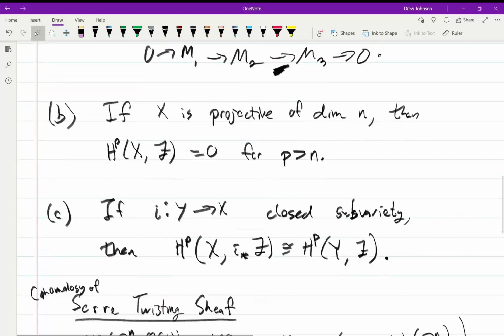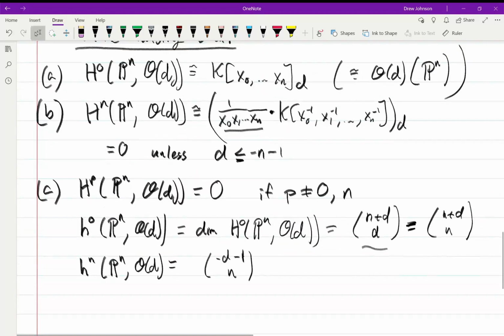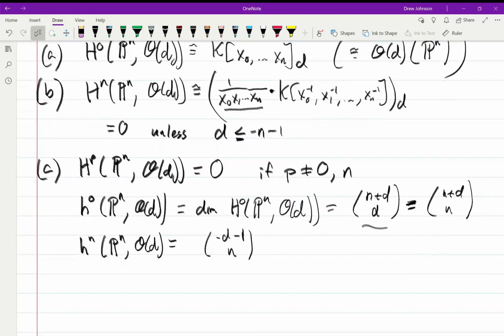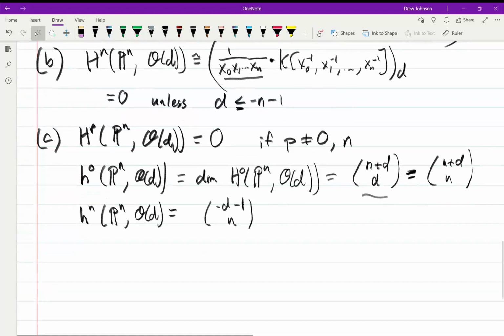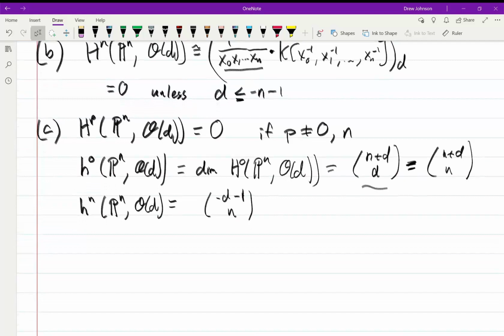Okay, so now we've talked a little bit about how cohomology helps us compute global sections and measure this failure of surjectivity. Another very important use for cohomology is in the classification of varieties. These can give us some invariants, some numbers that we can compare to see whether two varieties are isomorphic or not.